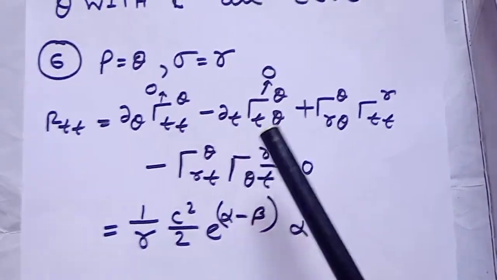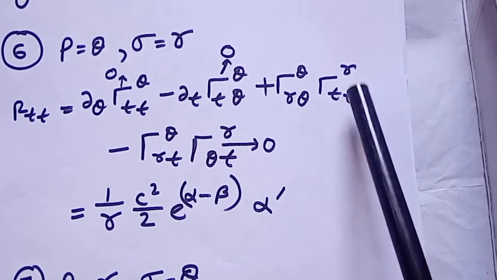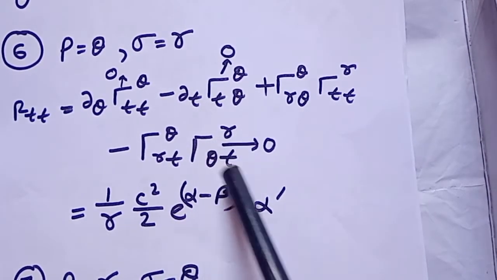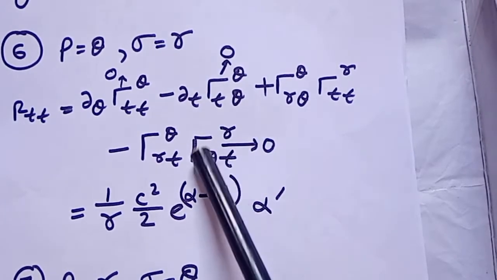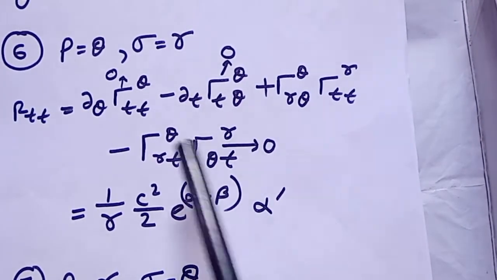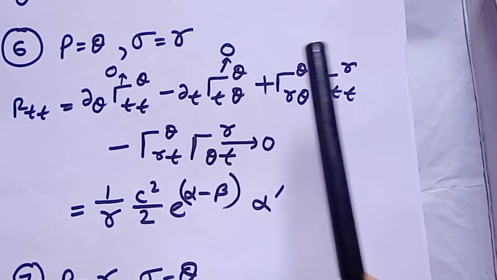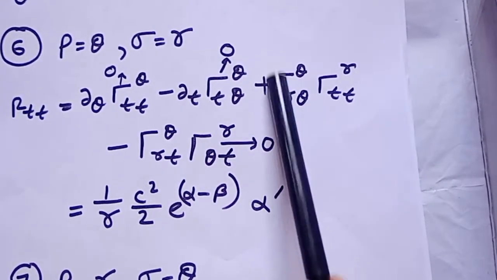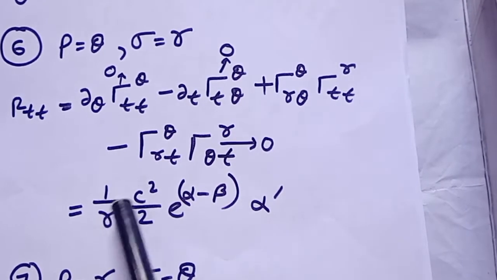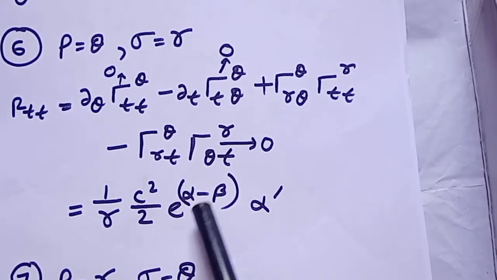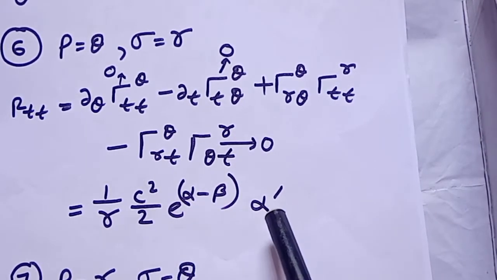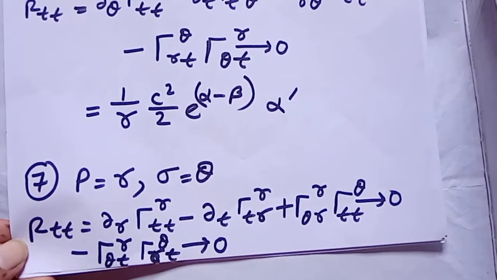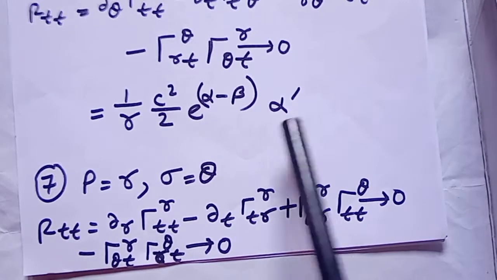Now we have Gamma^theta_r theta Gamma^r_tt minus Gamma^theta_rt Gamma^r_theta t; this is the combination of theta t and should be 0. But the two other Christoffel symbols should not be 0, then we have c squared divided by 2, e to the power alpha minus beta, and alpha prime, where prime stands for derivative with respect to r, sorry.